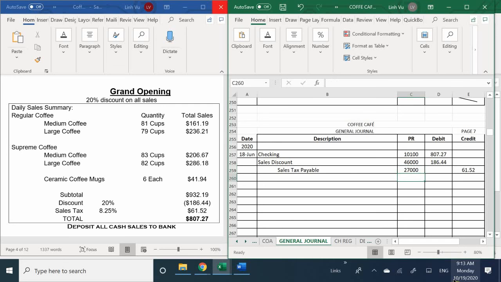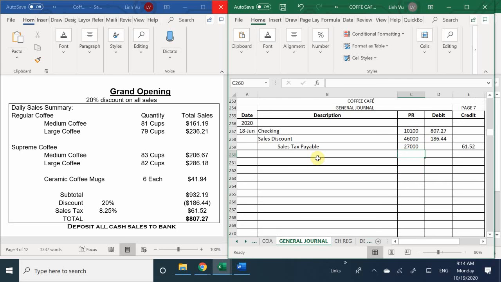Yes. Good. What else do we need to include in here? The coffee. We're going to need to credit our sales, medium regular coffee.